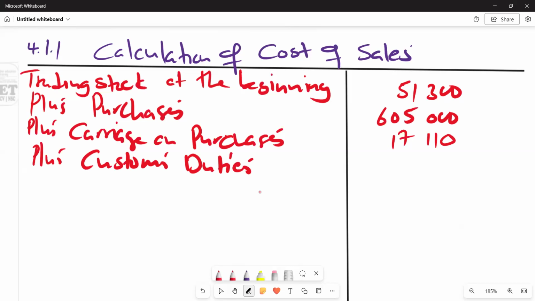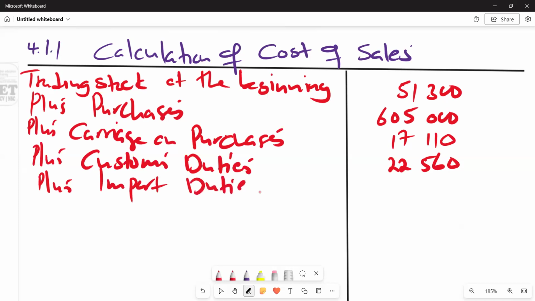And the figure that we have there is 22,560. And then after that, we are going to add our import duties, so we're saying plus import duties. And then the figure that we're going to use is 9,700. So we add as such.